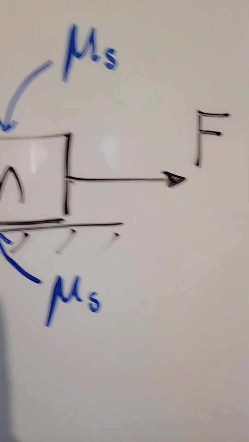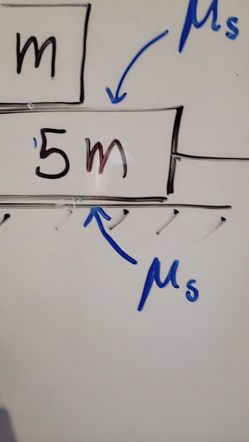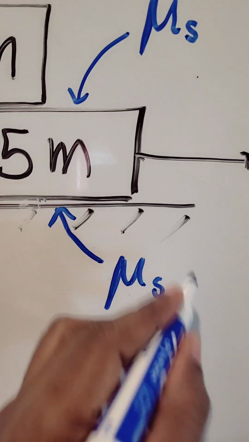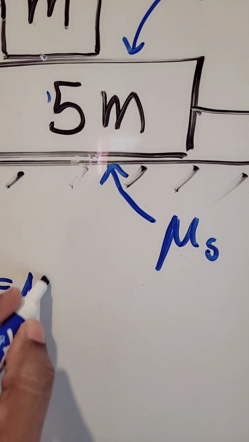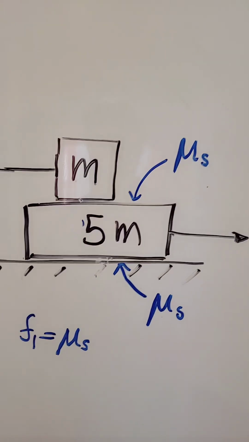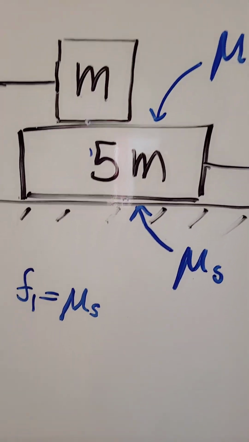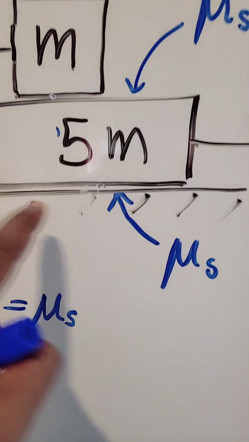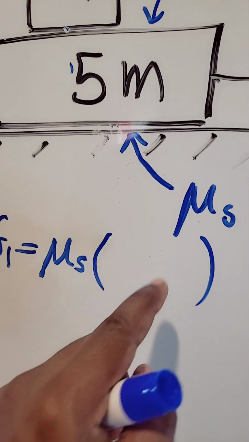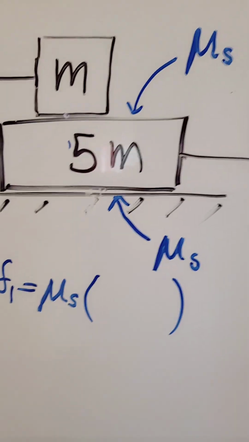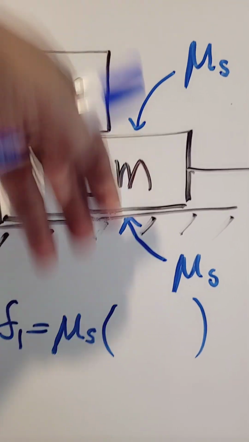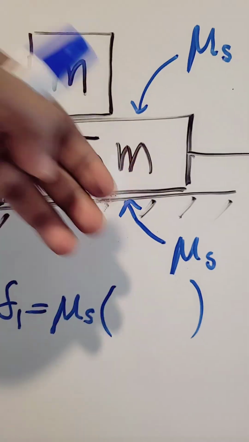So F1, I told you it's this one. So I'll write down F1 equals mu s times the normal force. What is the normal force for this surface? You need to think about it. Can you see? Both these masses are pushing in this direction.